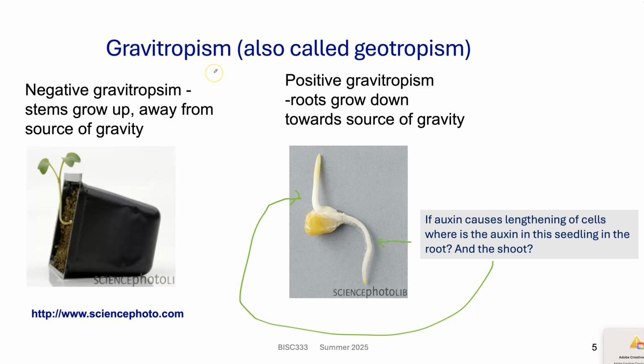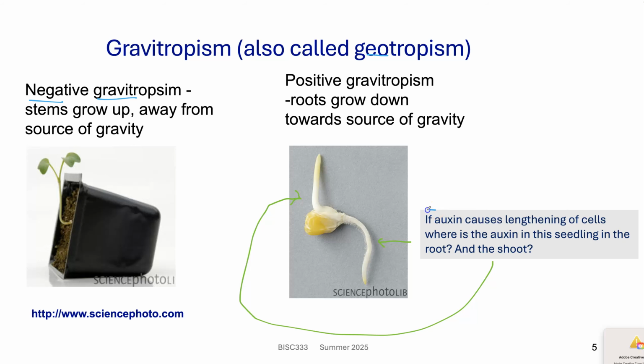And plants also respond to gravity. So the stems, the shoots, grow up and away from the source of gravity. So this is called negative gravitropism, sometimes also referred to as geotropism, towards the earth. And then roots will grow down towards the source of gravity. So that's positive gravitropism.